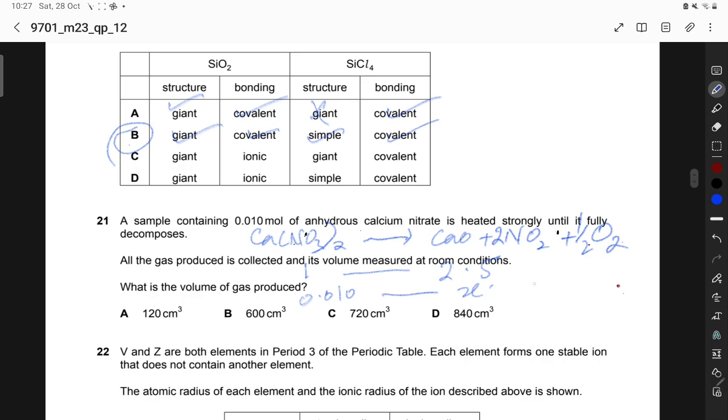So the moles of gases are 2.5 into 0.01, which is equal to 0.025. 0.025 multiplied by 24,000 is equal to 600 cm cubed. So option B is correct.